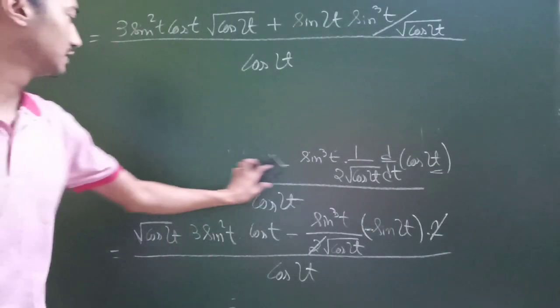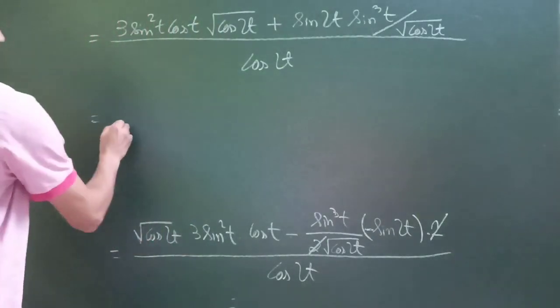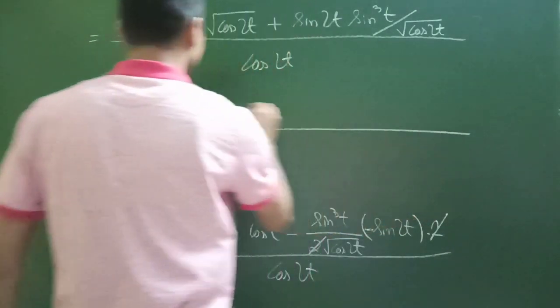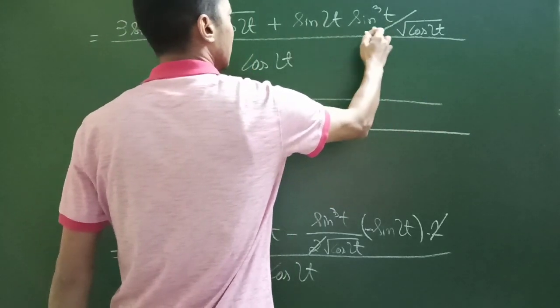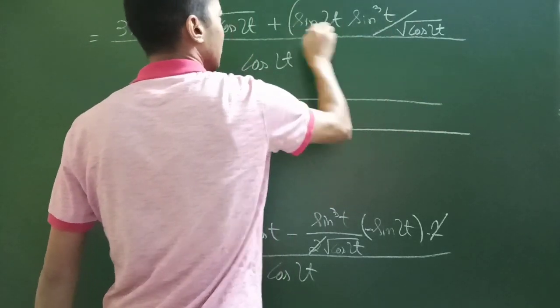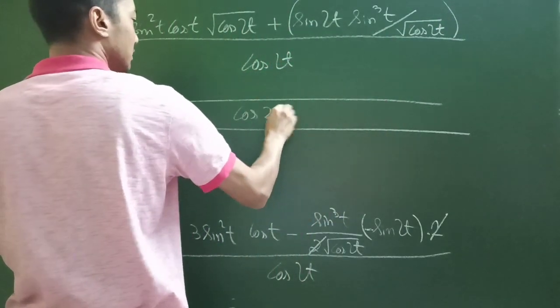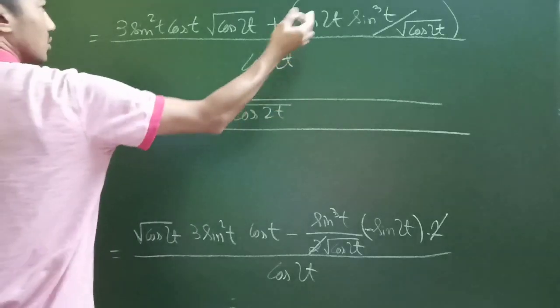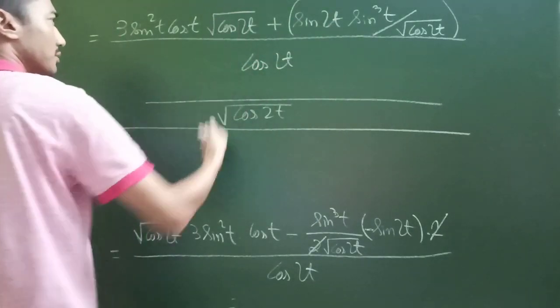Now within the numerator, let me take the LCM. The common LCM will be root over cos 2t. So you multiply cos 2t up here for the common LCM.